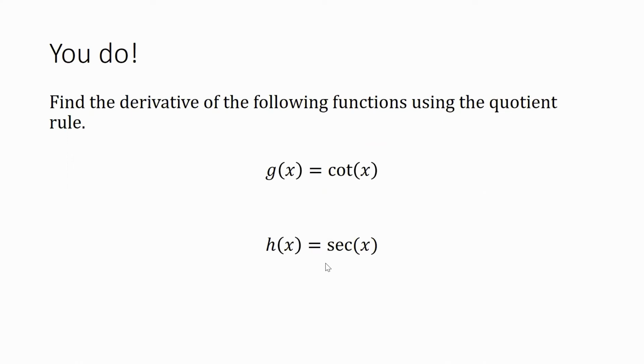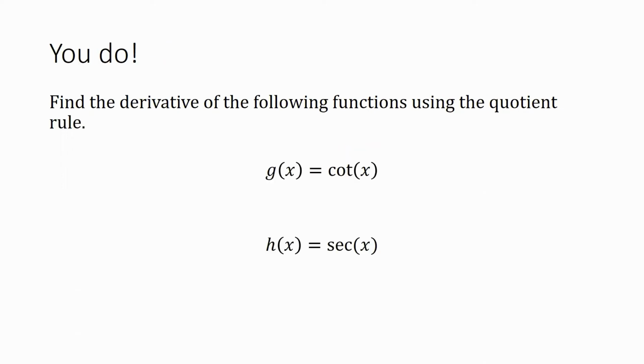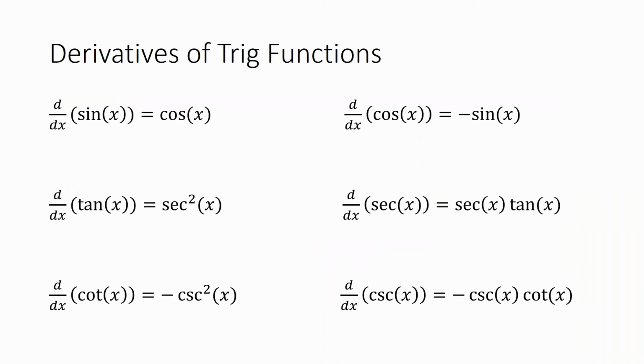Now we found the derivative of tangent already. We were given the derivative of sine and cosine. So what we have basically is the derivative of all of the 6 basic trig functions.